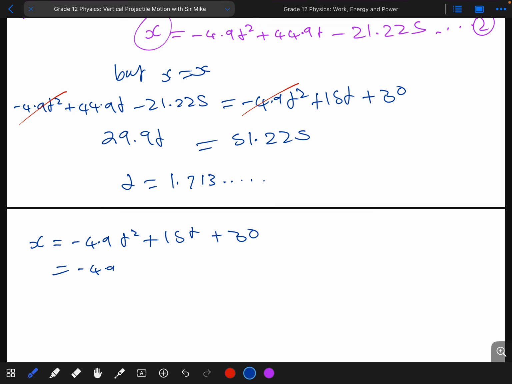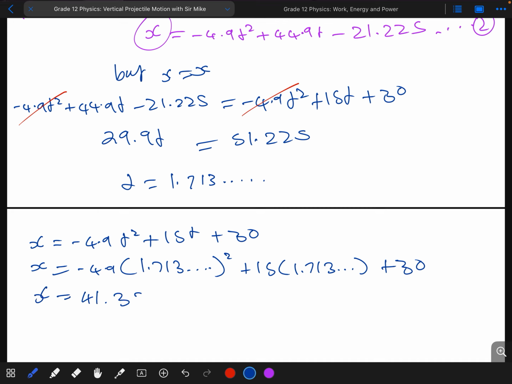So that simply becomes negative 4.9 times, this is my t, 1.713 blah blah blah, squared, plus 15 multiplied by 1.713 and so on and so forth, plus 30. If you put that into your calculator, I think the value that you're going to get there would simply be 41.32.